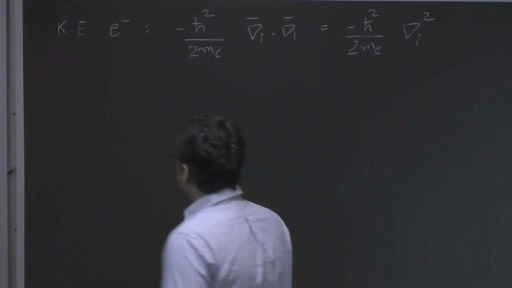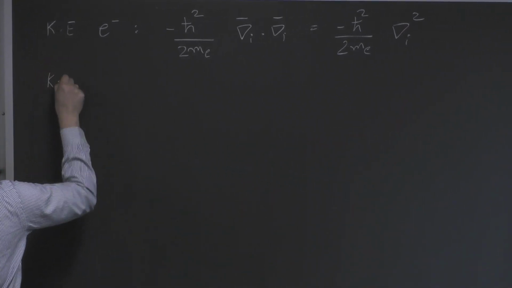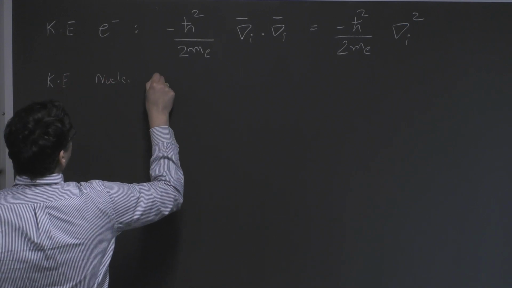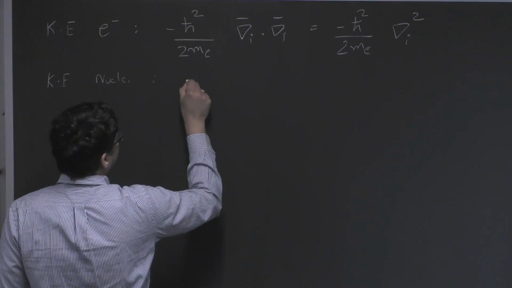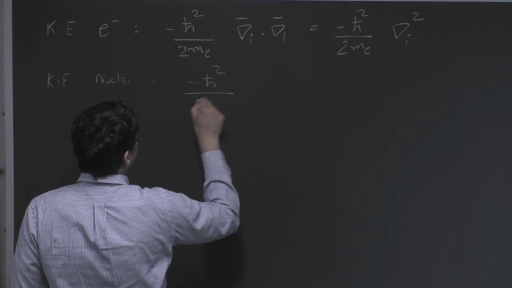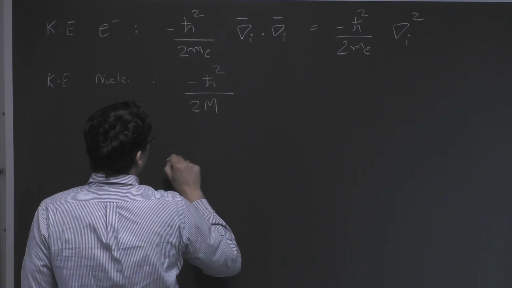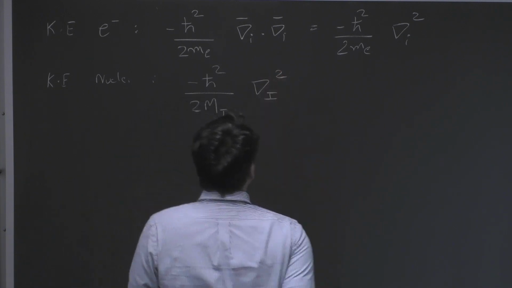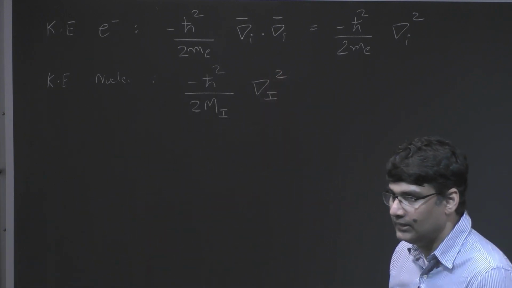Similarly, you can have the kinetic energy of the nuclei, and that will become minus h cross squared by 2 times capital M_I times the Laplacian.